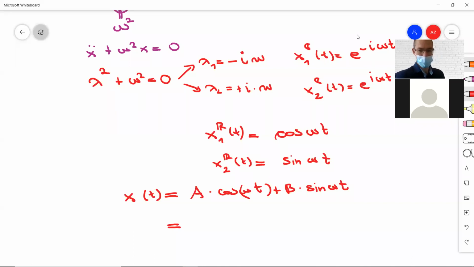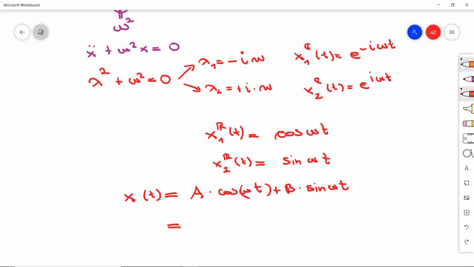Sorry, we had problems with EduRoam. Hopefully now it will work. So the solution to this vibrating differential equation is a times cosine omega t plus b times sine omega t.